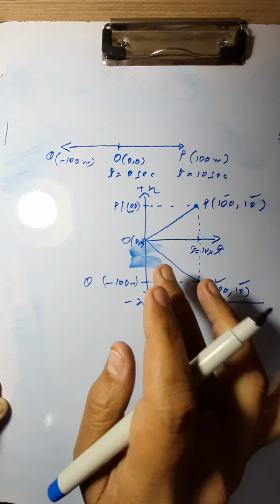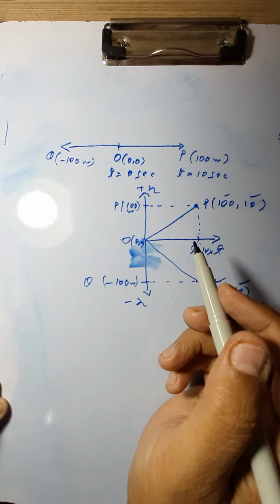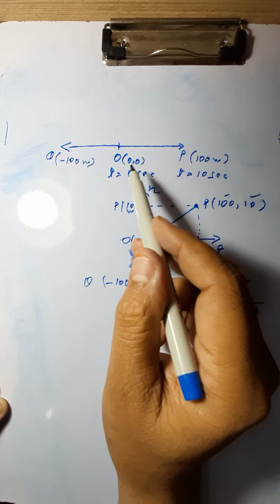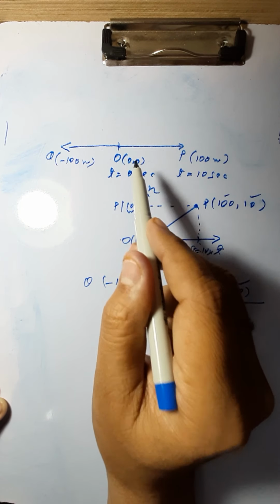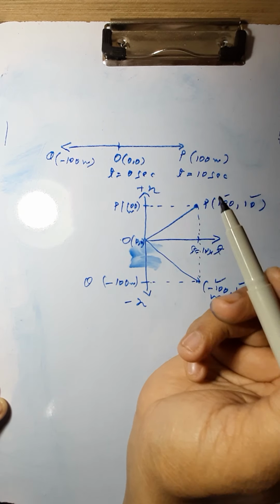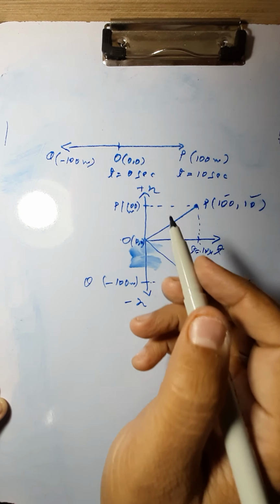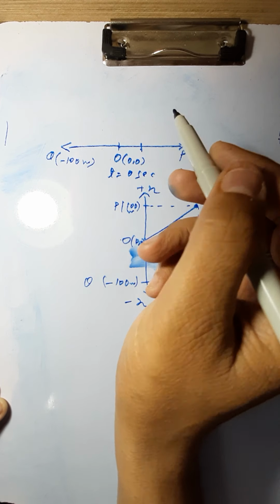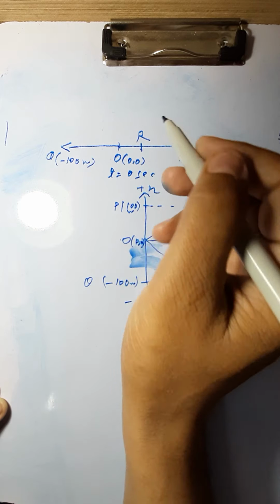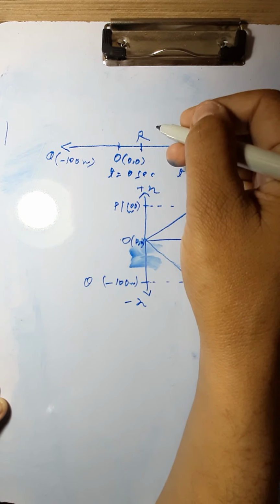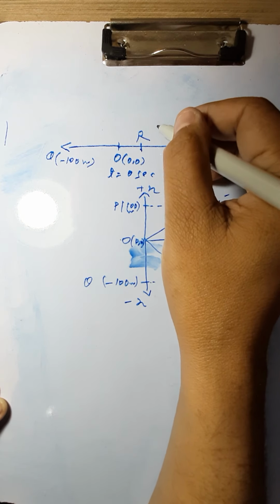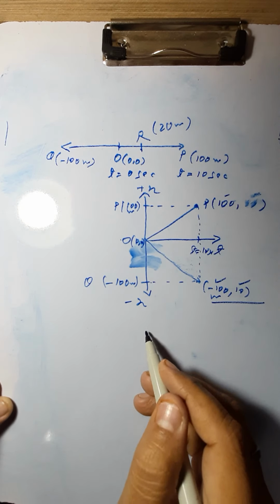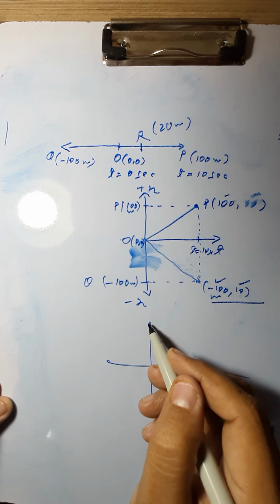Now suppose instead of the particle moving from point O, the particle moves from somewhere, point R, whose coordinate is 20 meter at t equal to 0 second.